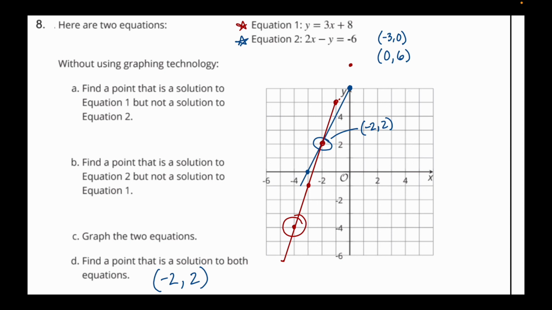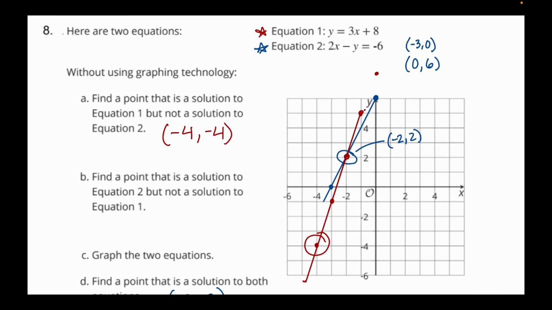So that's going to be a solution to equation 1, but not number 2. And for the blue line, we can use either of those intercepts that we found because neither of those actually touch the red line. A point in between touches them, but the intercepts themselves don't. So let's use 0 comma 6.